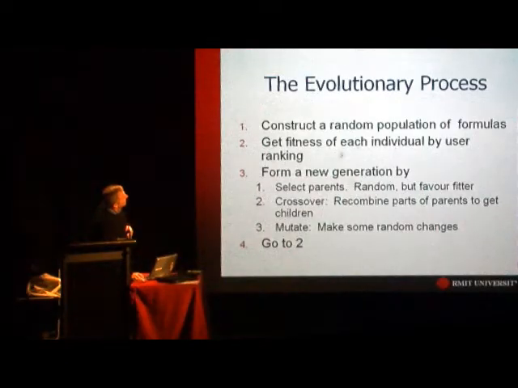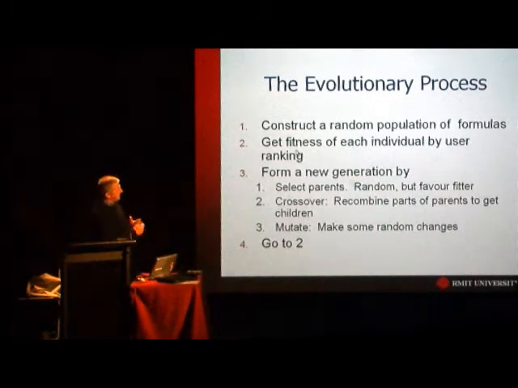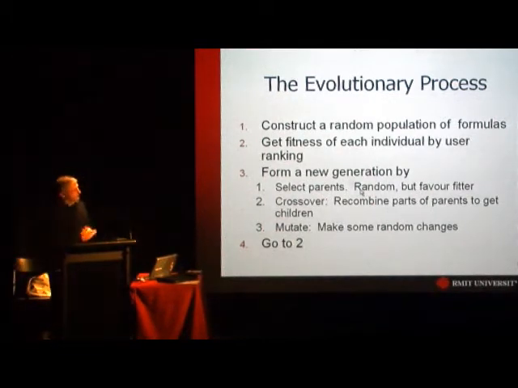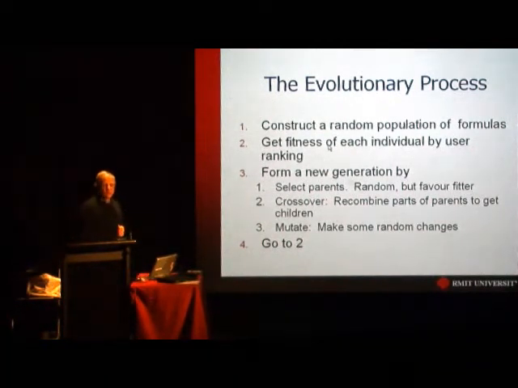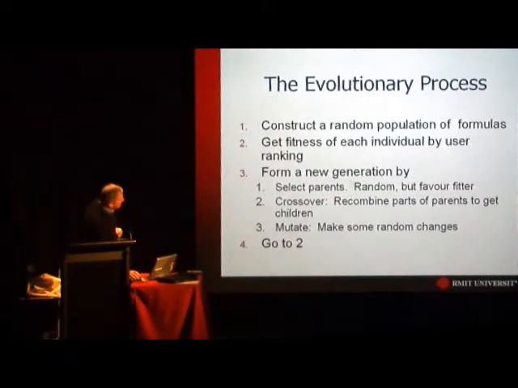Ranking of each individual is the fitness, and then we can get the next generation. So we want to select the parents, and somewhat like biological evolution, it's a bit random, but if you're fit, you get more chance to reproduce. Crossover and mutation we've described, and that gives us the next generation, and show it to the user and keep going.